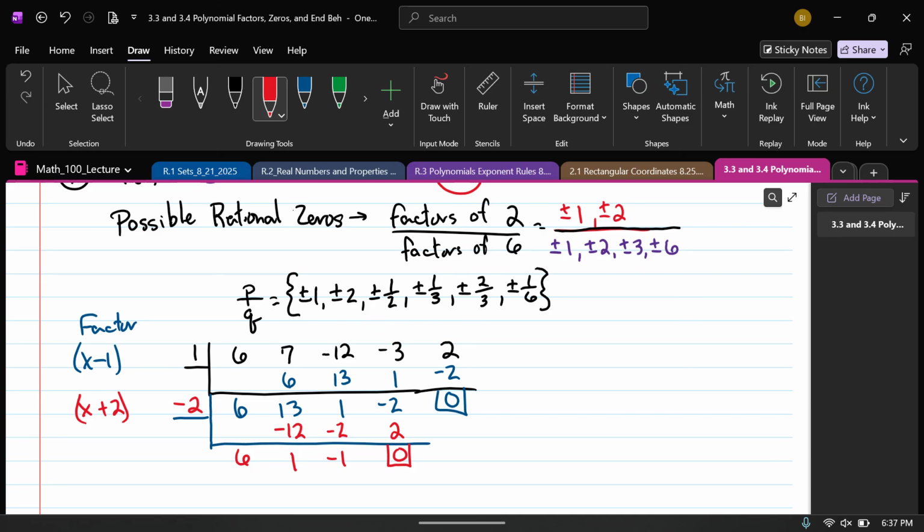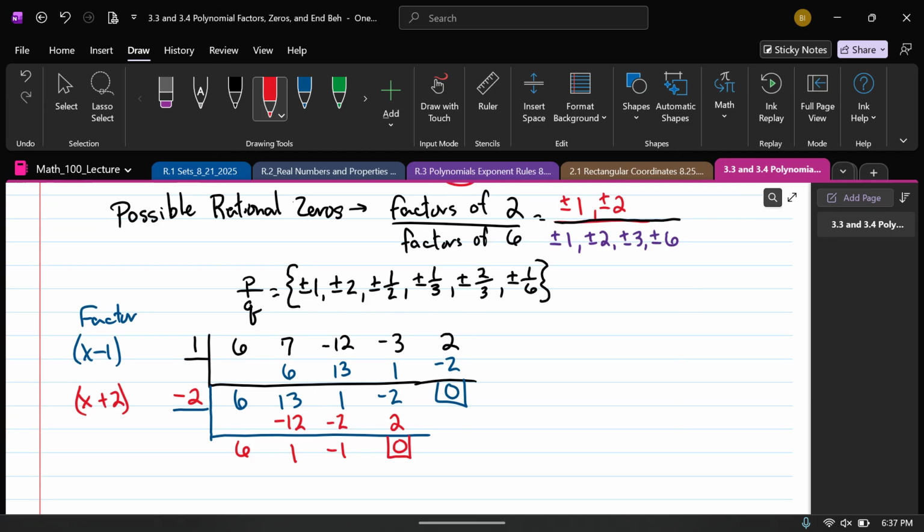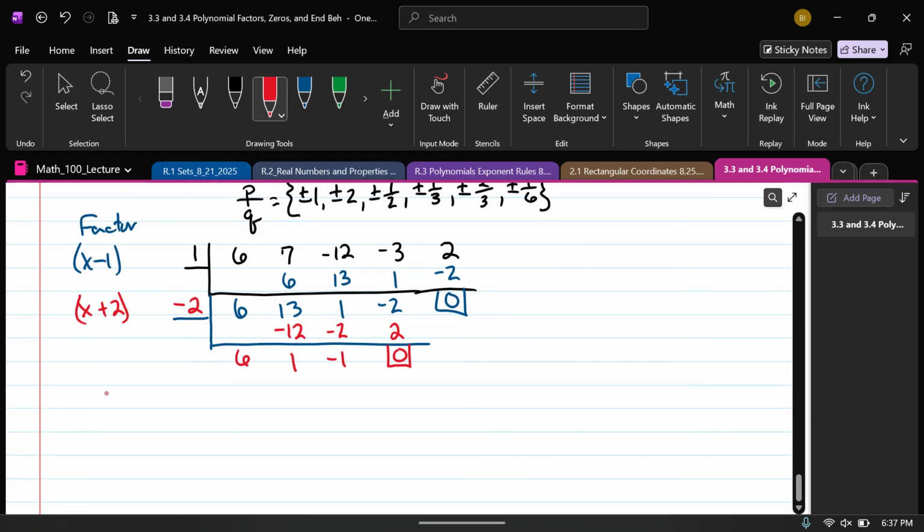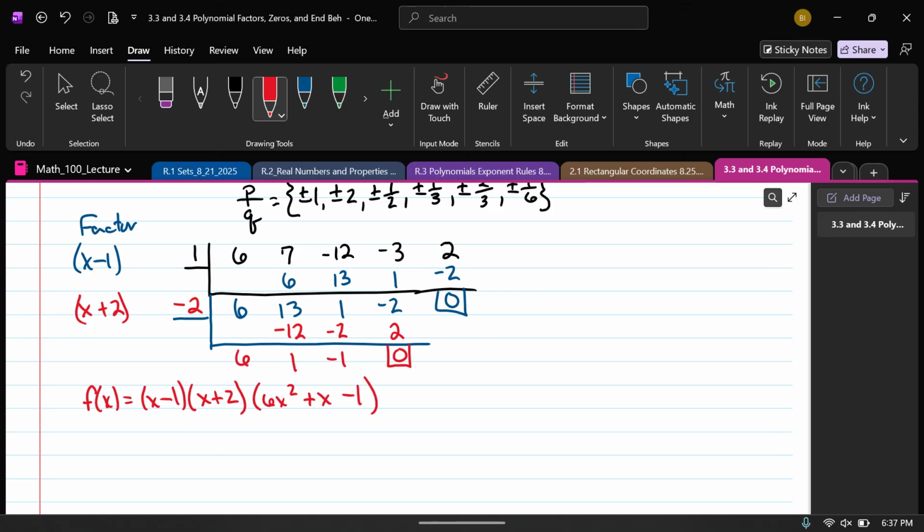So what I've done is I've taken the polynomial and I've now factored it. You're using synthetic division twice. It factored as x minus 1, x plus 2, 6x squared plus x minus 1.